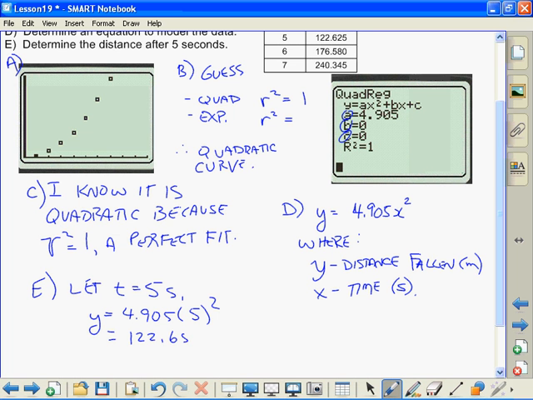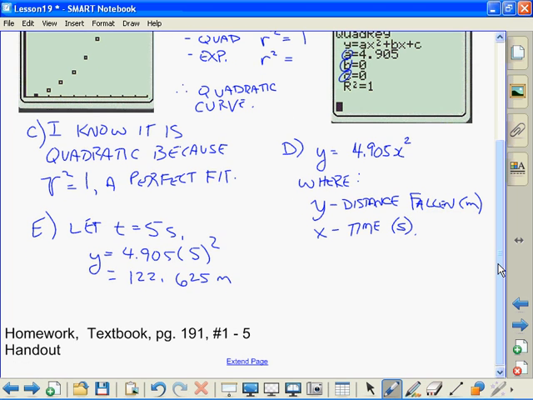All right. So if this was more realistic, when you do an interpolation, when it's inside that range, you're testing to see how close your model is with the actual results. So therefore, distance is 122.625. So the only difference from previous lessons to this one is that you're picking nonlinear curves.